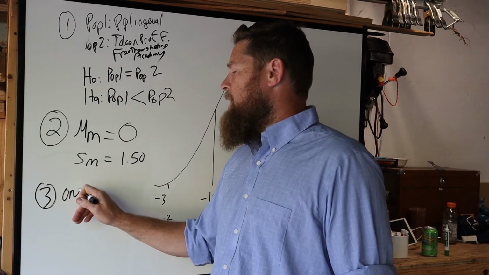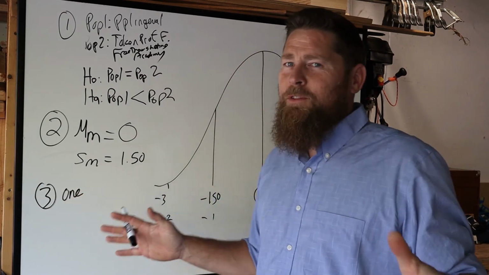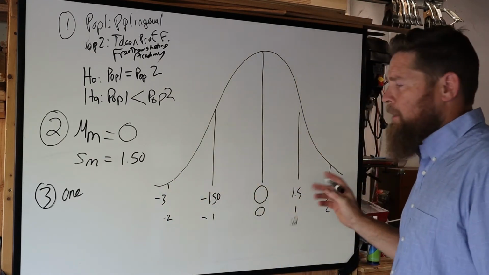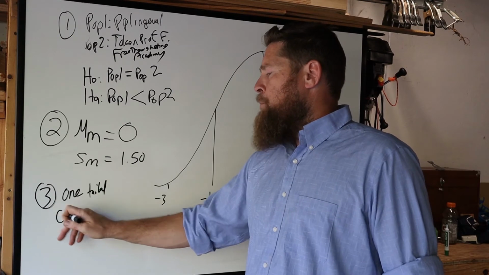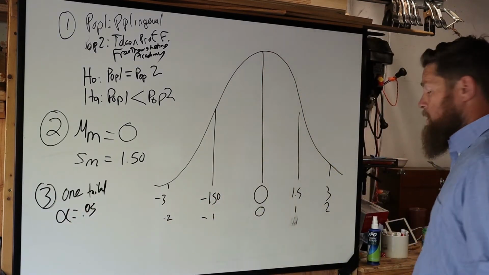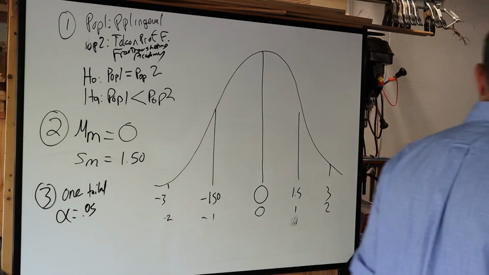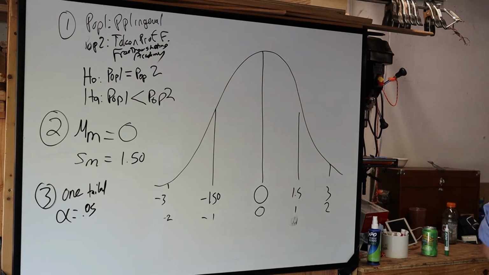This is a one-tailed test because everybody only believes that you could get better or no difference. Nobody believes that you're going to get worse taking my academy. One-tailed test, 0.05 alpha. And so now what we do is we turn to the back of our books. Found it.